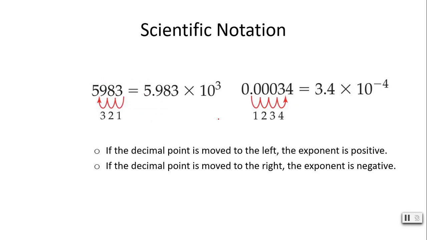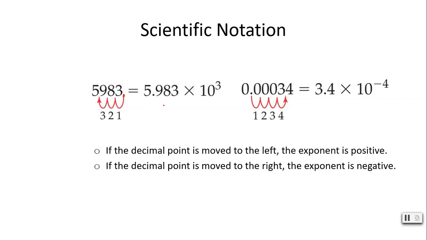The second part, I need to use the exponent to say something about how many times and in what direction I moved that decimal point to get it to where it is in scientific notation. Looking at the original number, there's no decimal point, but there's an implied decimal after 5,983.